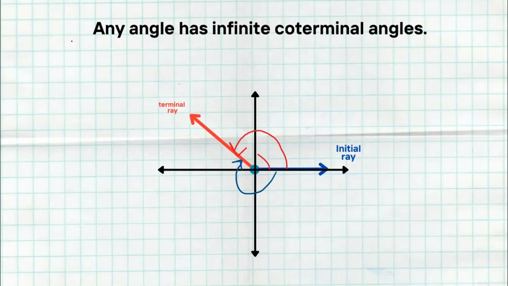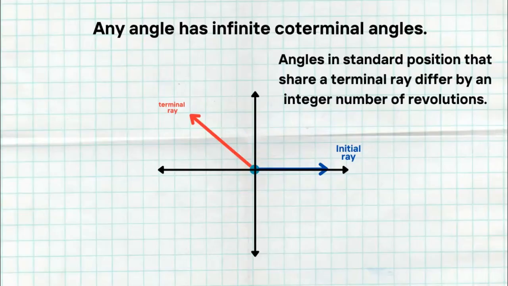Another positive angle would go all the way around, one rotation, and then end at that same value. So again, there's actually infinite coterminal angles.